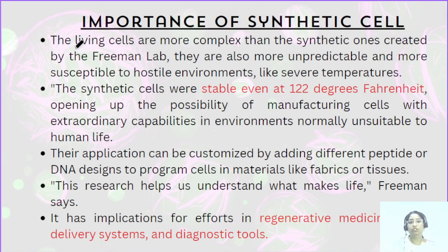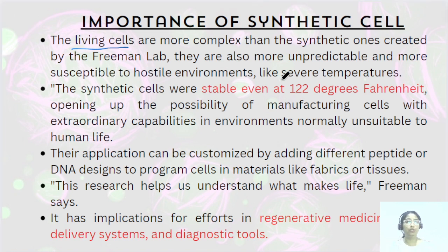The original living cell, which we already have, like we are made up of cells, is susceptible to hostile environments and severe temperatures, right? We are very vulnerable to severe temperatures.